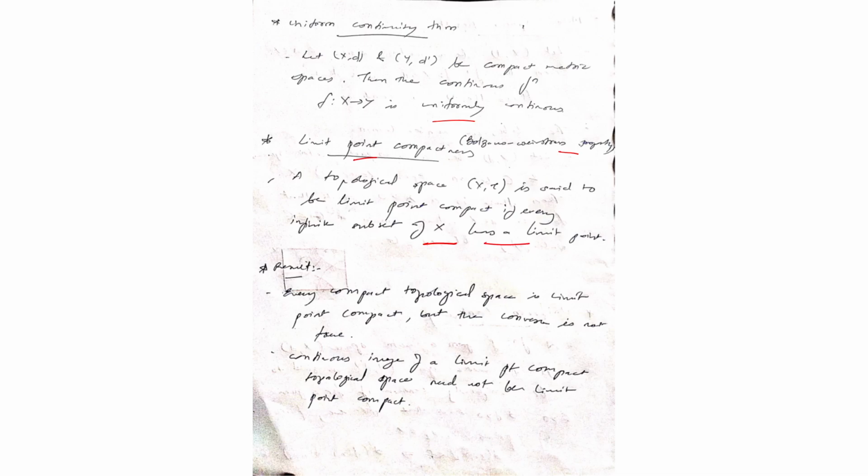Now, what about T1 spaces? A topological space (X, tau) is T1 if for each pair of distinct points x and y in X, there is an open set containing x but not y, and another open set containing y but not x. That is, if you have a topological space (X, tau) and two points x and y, we will get open sets such that one will contain x and not y, and one will contain y but not x.